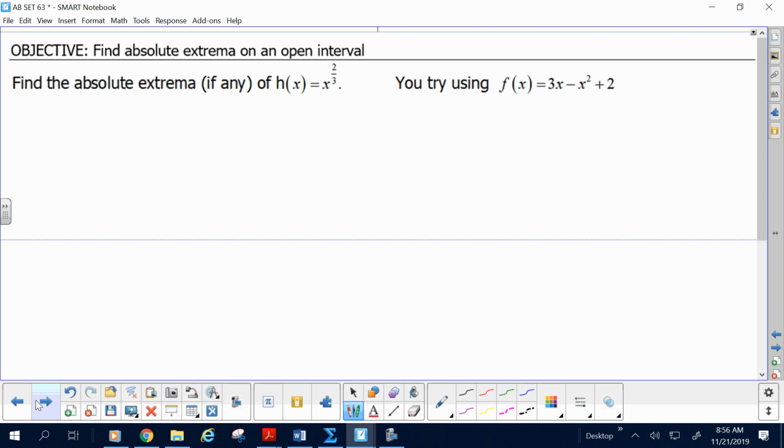Because it's an open interval, absolute extrema aren't guaranteed to happen. They could happen, but they don't have to happen because it's not satisfying that condition of continuity on a closed interval, where it's got to have it. Well, these are on an open interval, so it doesn't have to have it. You with me?